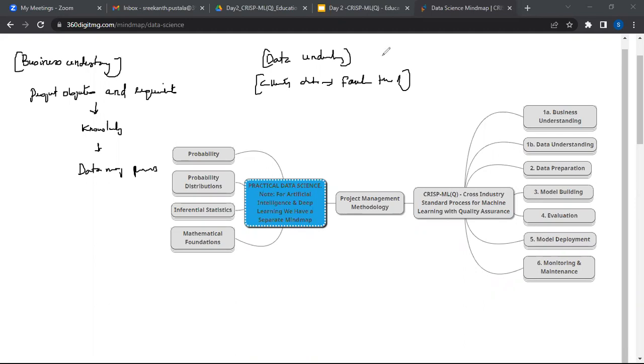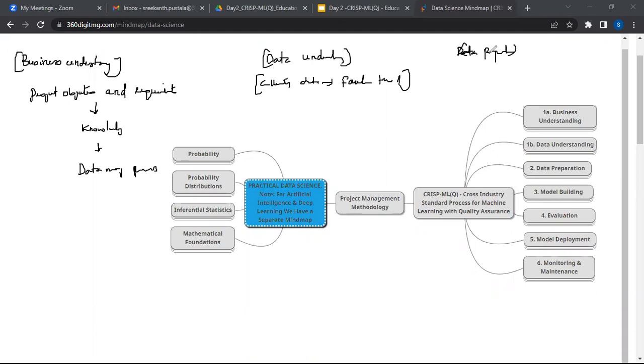Then we have data preparation. So what do we have here? It includes all activities that are required to construct the final data set, the data that will be fed into the modeling tool.